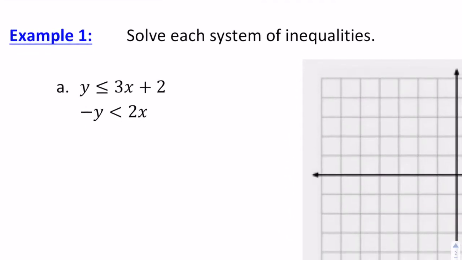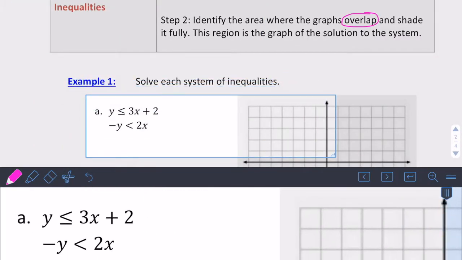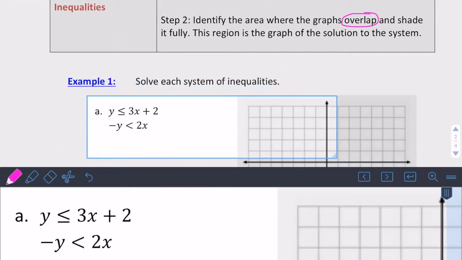So if you're looking at y is less than or equal to 3x plus 2, it's already in slope-intercept form, so on your y-axis, you could put a point at 2, slope of 3, you're good to go on that one. Let's go ahead and change the second one to slope-intercept form.